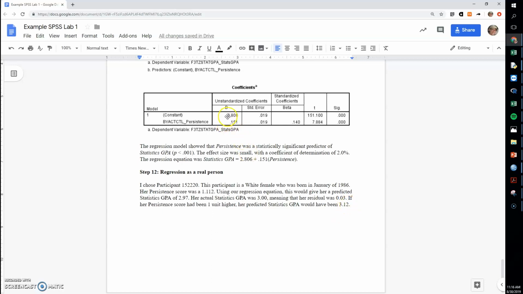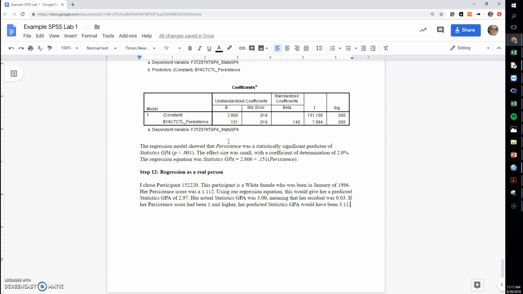So for every additional unit of persistence that they go up, the average predicted score will go up by 0.15. And for every unit that we would go down in our value on persistence, so if she had a 0.112, we would expect that her predicted GPA would also go down by this amount.